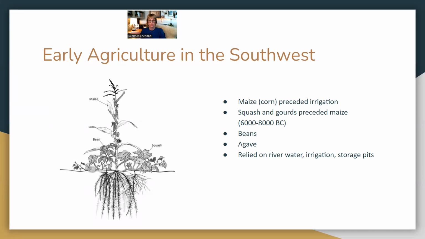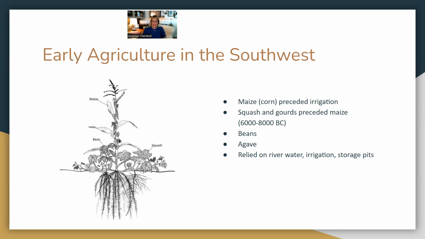So squash and gourds preceded maize, 6,000 to 8,000 BC. We have evidence that those are the earliest crops that were grown here in the Arizona area. Also beans and agave. And all of these things did rely on either river water, irrigation, or some form of storage. So pretty fascinating if you think about what we need these days to accomplish any task.